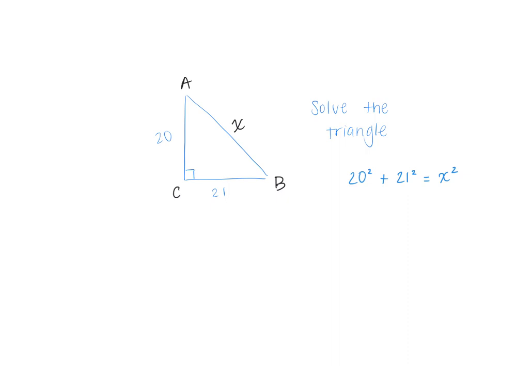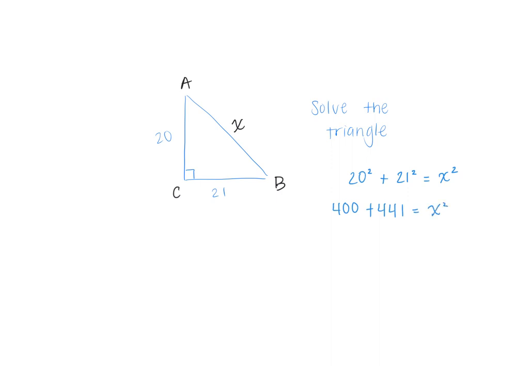Once we have this, this is 400 plus 21 squared is 441, whoops, 400 plus 441 equals X squared.